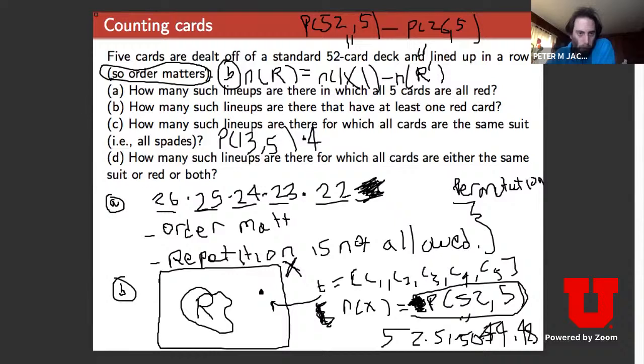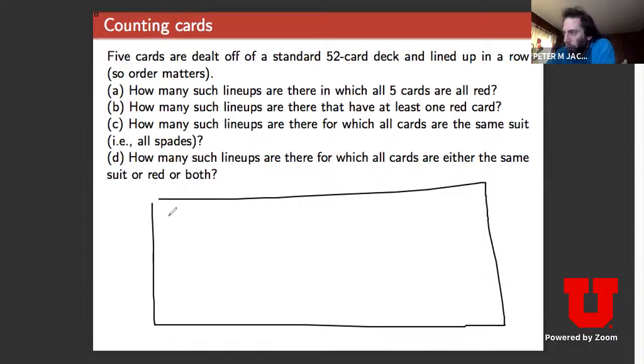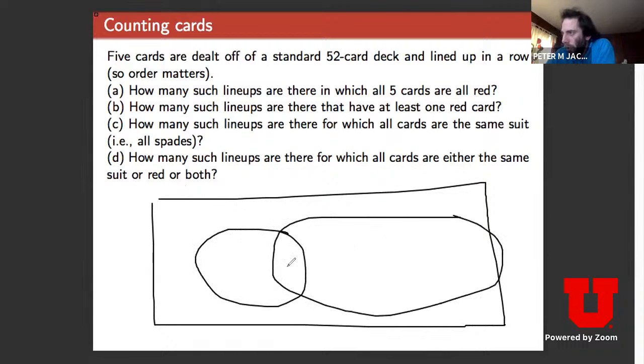Let me erase some stuff. Again, it's useful to draw a picture of X. So X is the same thing as it was before. And we've got 2 sets.